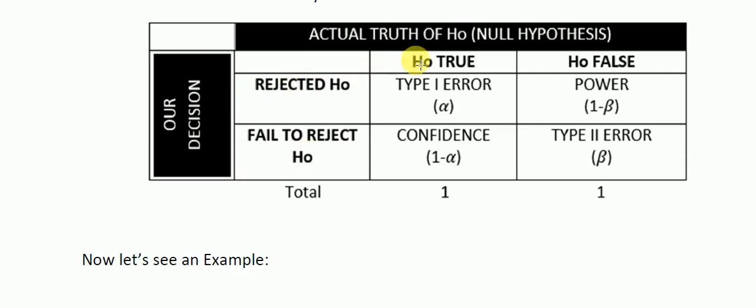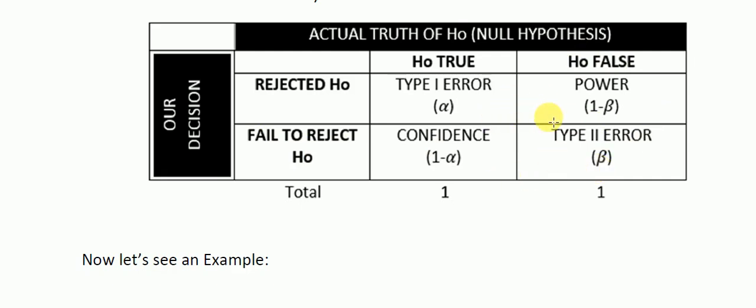So when null hypothesis was true but the researcher rejected it, he or she committed a type 1 error, which is represented by alpha. And when null hypothesis was false but the researcher failed to reject null hypothesis, then he or she committed type 2 error, which is denoted by beta.